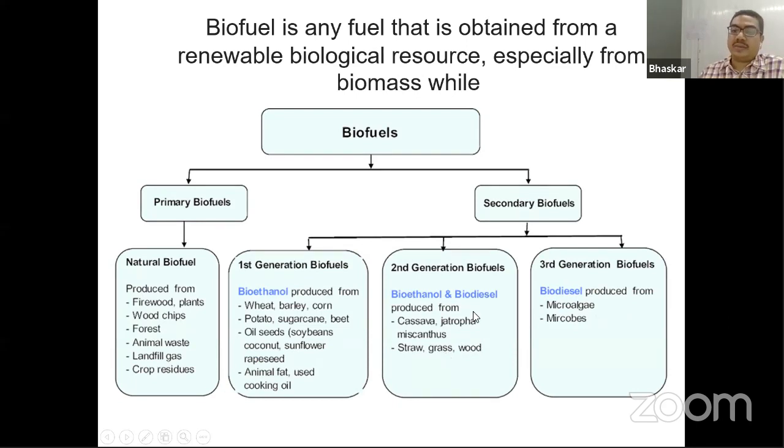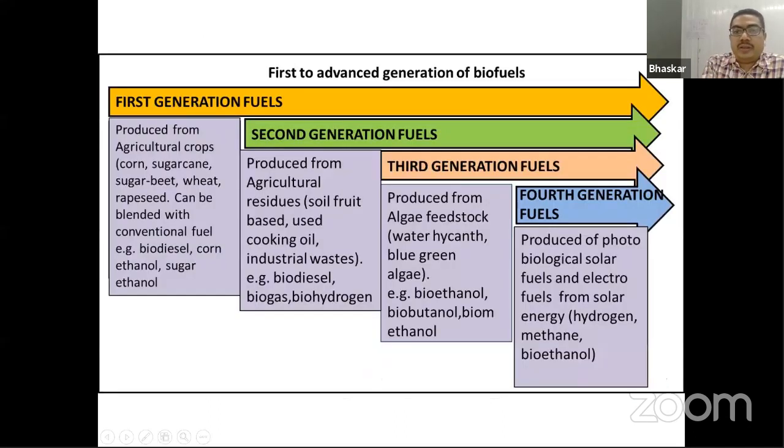Again, they had some limitations, like miscanthus. It was difficult to convert them into biofuels, and more energy is required. Then again, there was a land versus fuel issue. Then came the third generation biofuels, mostly from microorganisms like microalgae, yeast, even fungi. These microorganisms require very little land area, so they are more preferable.